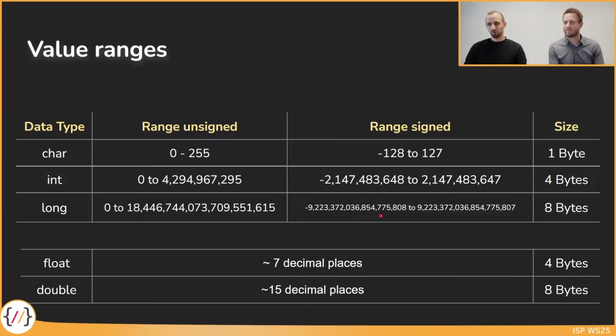And for floating points, that's why the size matters here, you have approximately 7 decimal places precision. With the double data type, you have approximately 15 decimal places precision. That's just because you have a bigger size, so more bytes available, and you can store more information inside.